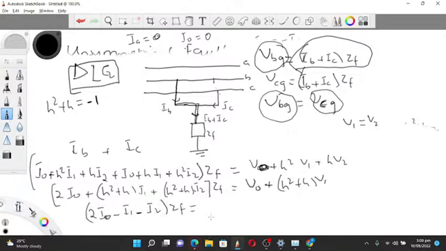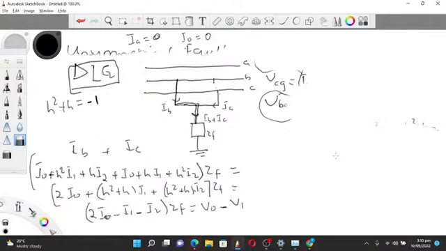This should give you V0 minus V1. So we've gotten this expression.